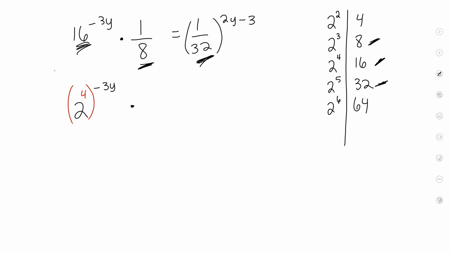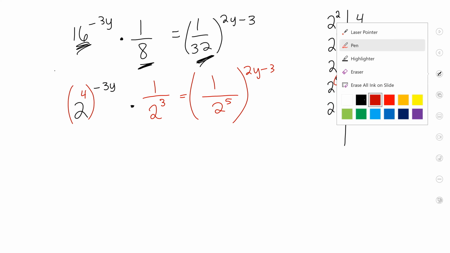Okay, now 1 over 8. How do I rewrite this 8 so that it's base 2? 2 to the power of 3. Good, okay. Now let's rewrite the 32. This will stay the same. We're just going to change the 32. 2 to the power of 5, yes. Okay, now we all have base 2. Now let's get rid of these fractions.